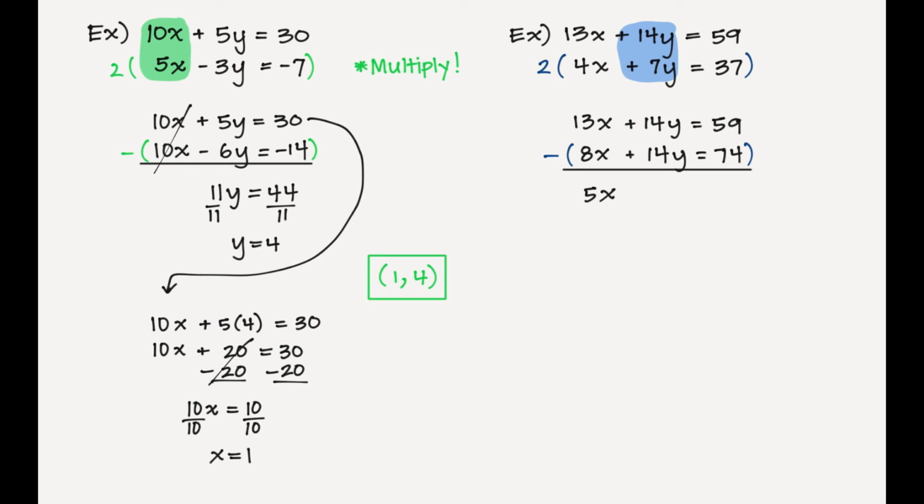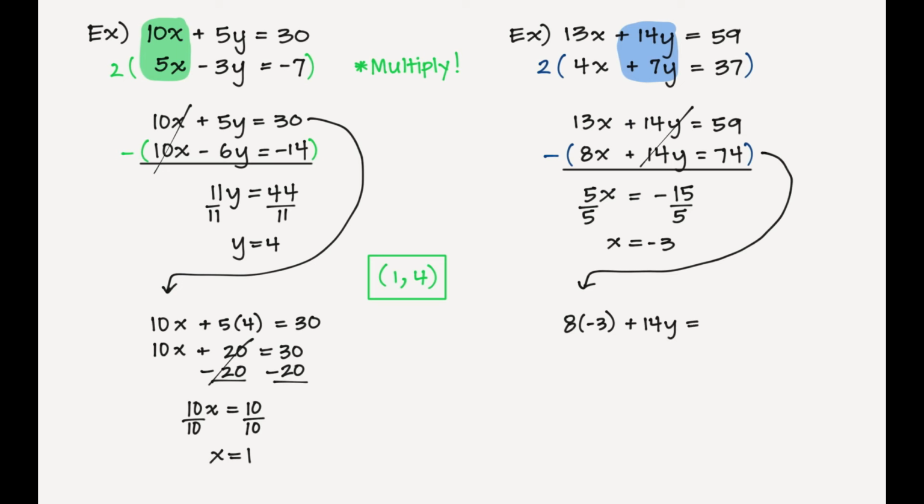13x minus 8x is 5x. And then 59 minus 74 is negative 15. Let's divide by 5 so that x is equal to negative 3. Now that I have the x, let's plug it in, maybe into our bottom equation. So 8 times negative 3 plus 14y is equal to 74, which is negative 24 plus 14y is equal to 74.